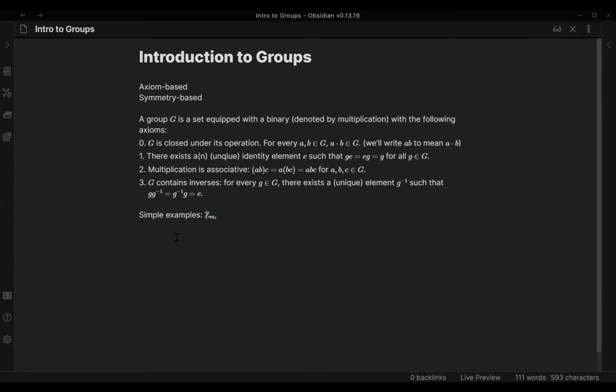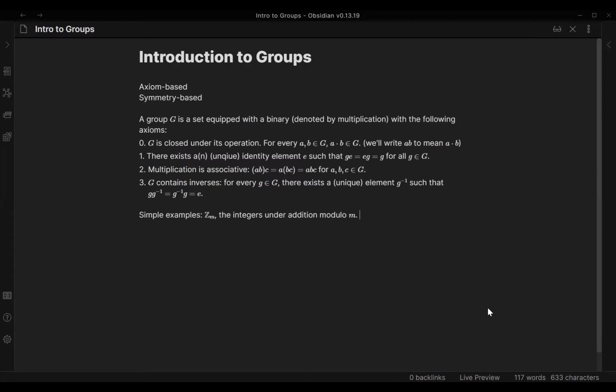Integers mod m. Integers under addition modulo m. So these are called the cyclic groups of order m for reasons that we'll talk about. But basically, if we perform the operation of addition modulo m, we have these axioms satisfied.